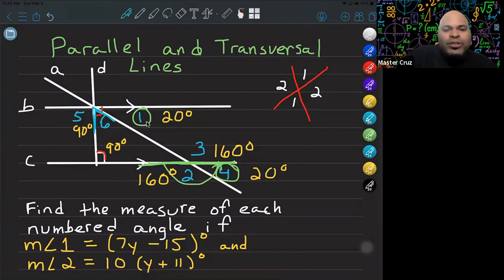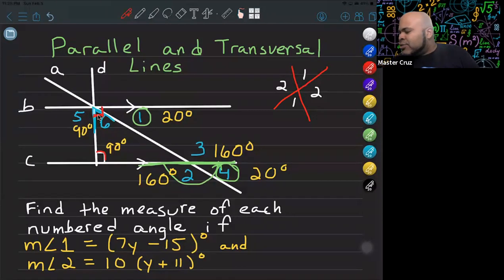So if angle 1 is 20 degrees and these together are 90, I can also say that the measurement of angle 1, and I'm going to do it right here so you can see it, plus the measurement of angle 6 has to equal 90 degrees. And I know the measurement of angle 1 is 20.